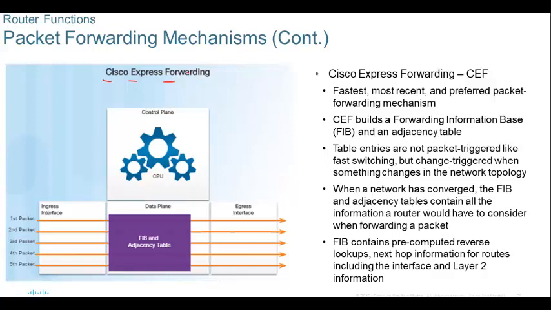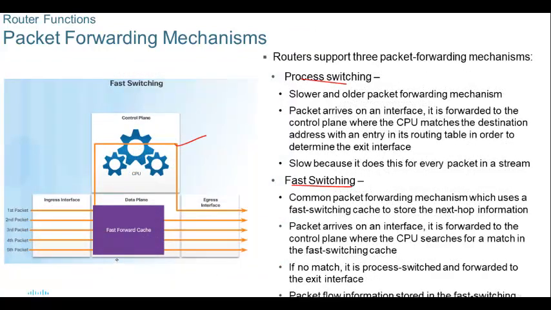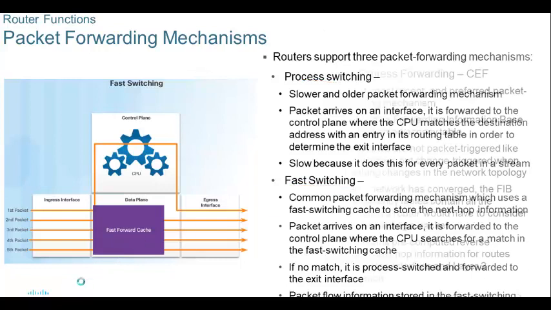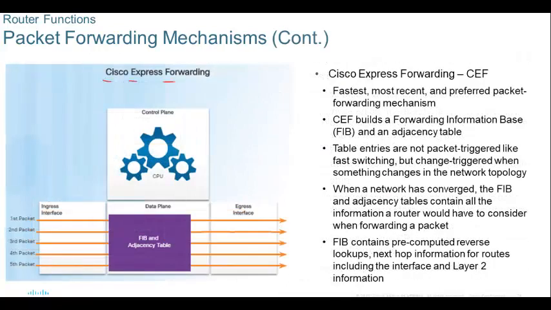So this one, which we earlier called the fast forwarding cache, you now don't call the fast forwarding cache; you call it the forwarding information base, because you have the information to forward. You don't need to go to a control plane to ask how to forward.